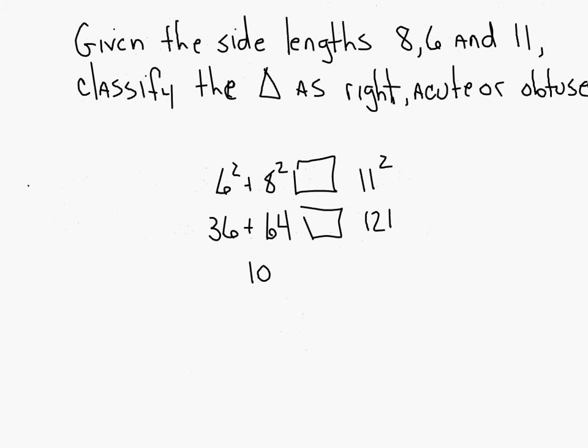So this is 100, and how does it relate to the 121? It's less than the 121, isn't it? So if it's less than the 121, what do we say it was? All right, it's an obtuse triangle. That's all there is to it. Yes, it's a triangle, but it's not a right triangle. It's an obtuse triangle.